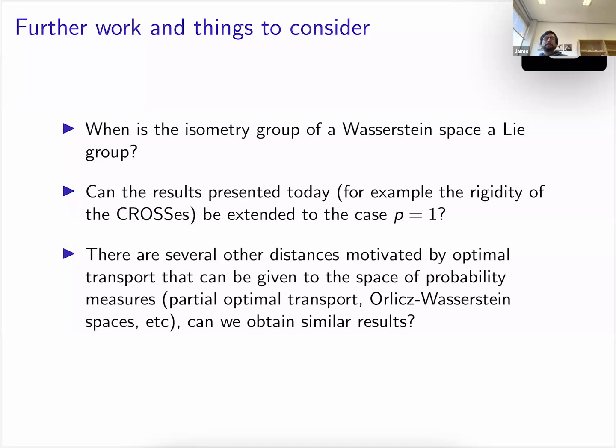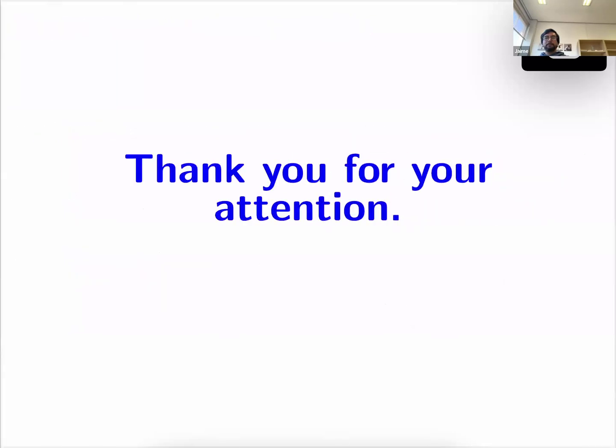So maybe one can try again to replicate these things, just asking that you can isometrically embed the space and you can give a natural action of the isometry group of the base space on this whole space of probability measures, and then maybe one can try things. So I don't know, these are three things that one can try. And I guess this is a good place to stop.